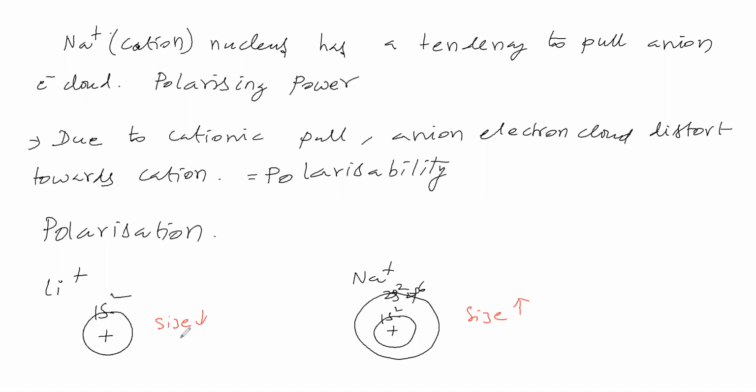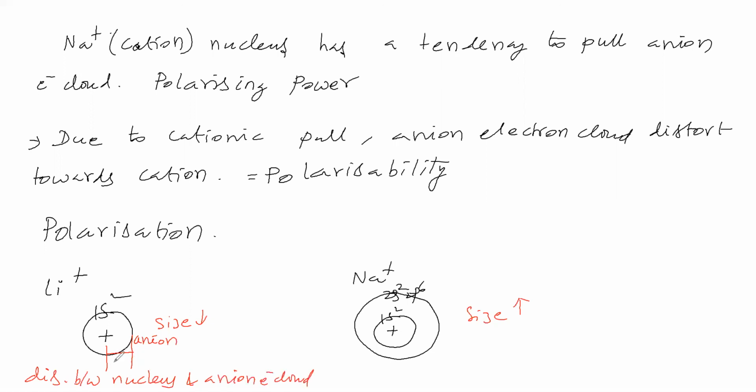So size being low means the distance between the anion electron cloud and the nucleus is small. The anion electron cloud will be at the surface. Now we are seeing the distance between the center of the nucleus and the anion electron cloud.